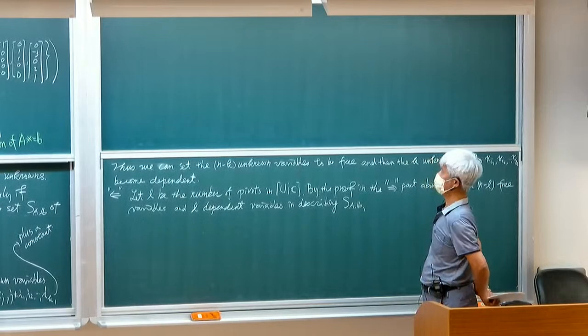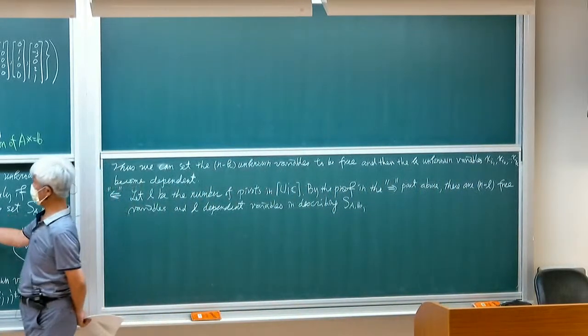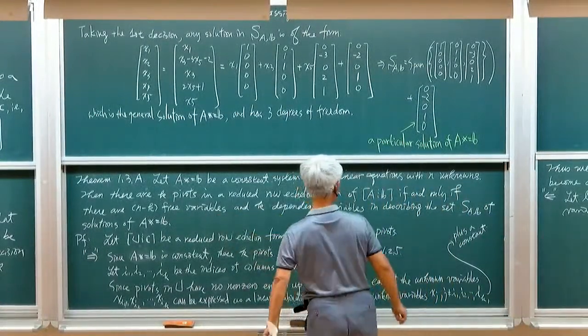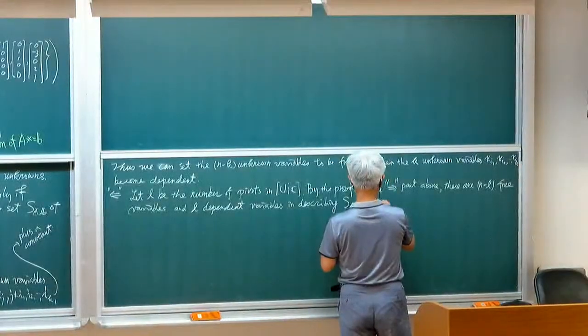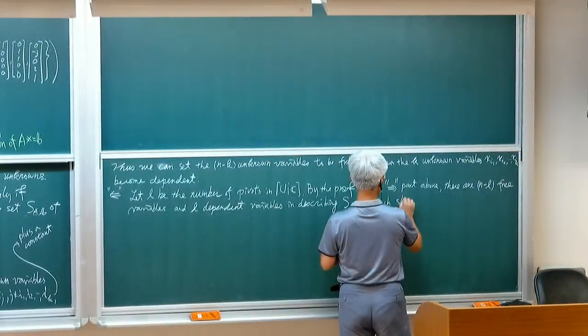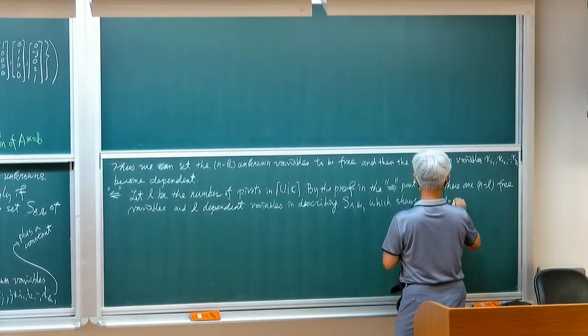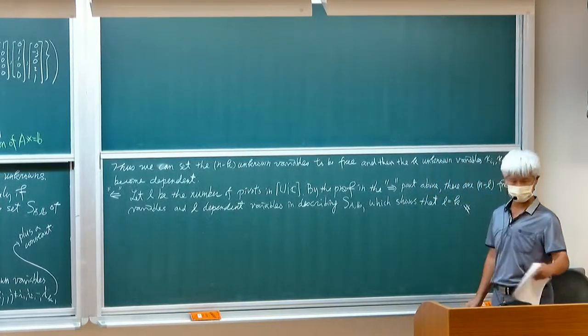Okay, but we know that in describing the solution set, we have n minus k free variables, which shows that L must be equal to k, and then we have done. Okay.